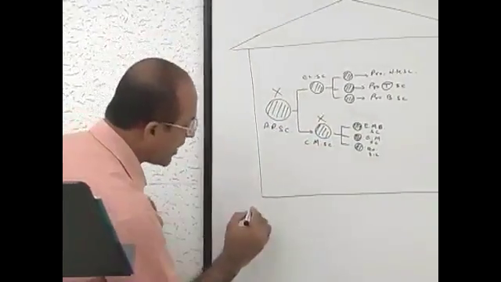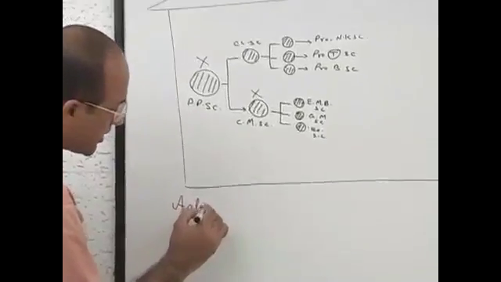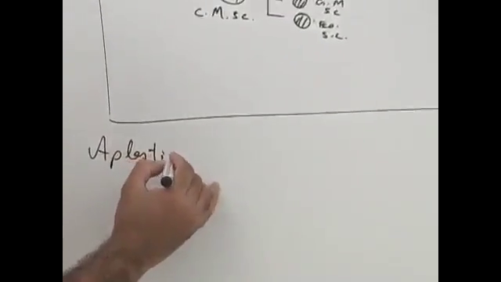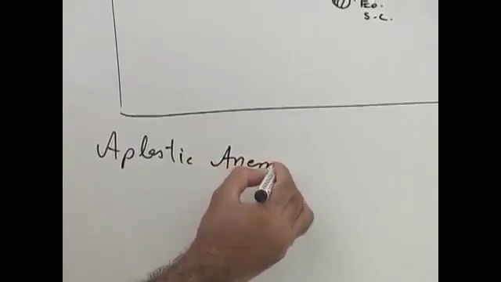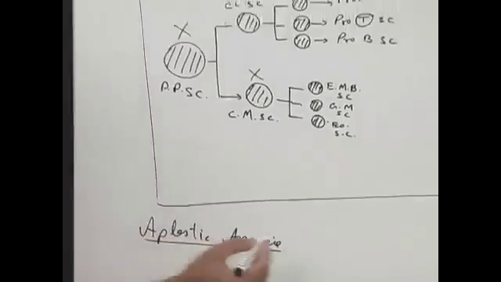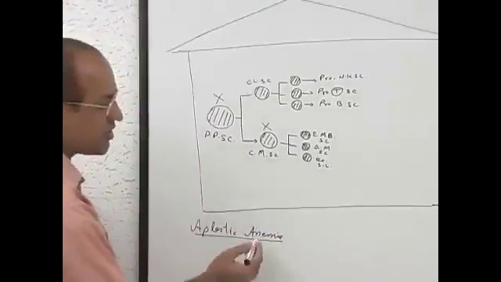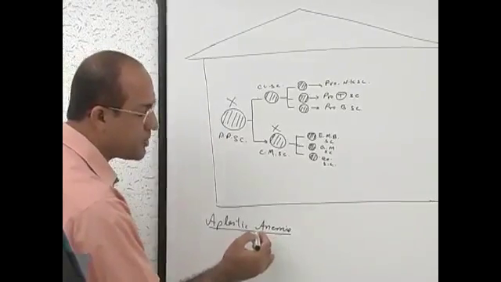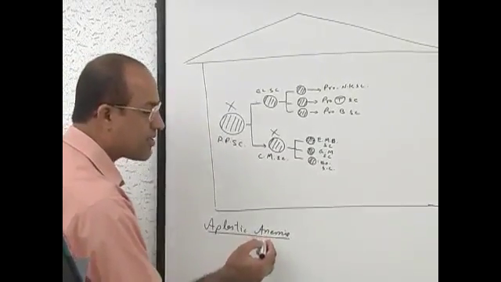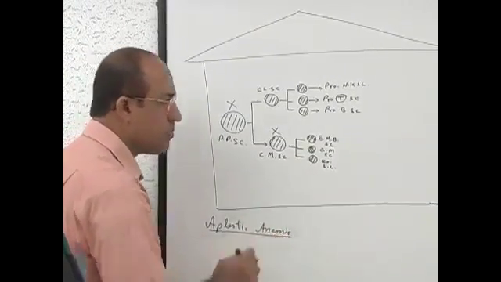The condition will be called aplastic anemia. So what is aplastic anemia? Aplastic anemia is a misnomer because it is not really an anemia alone. It should ideally be called aplastic pancytopenia.